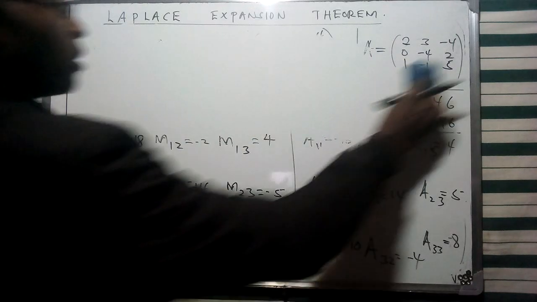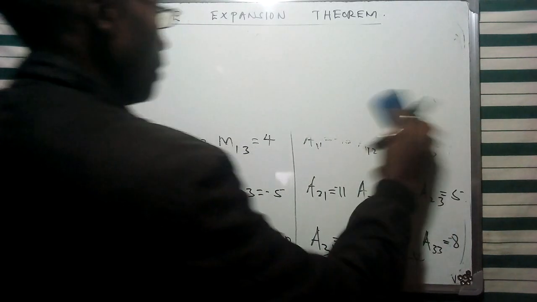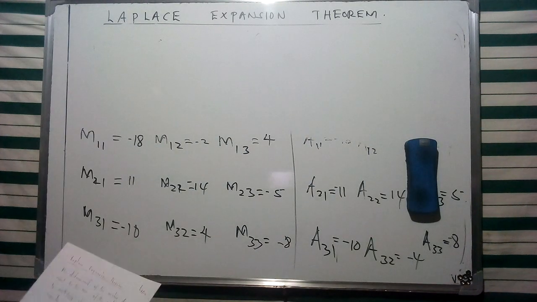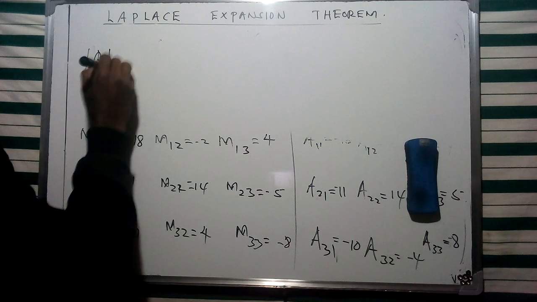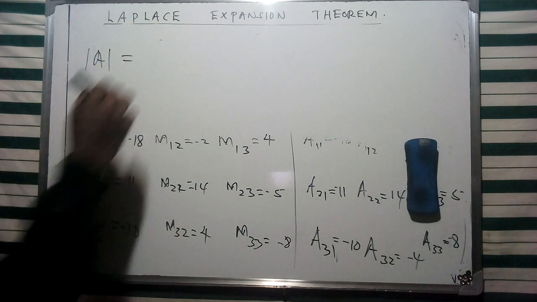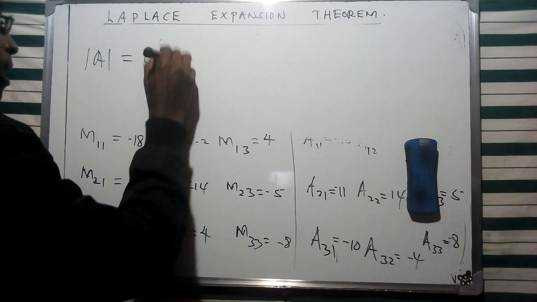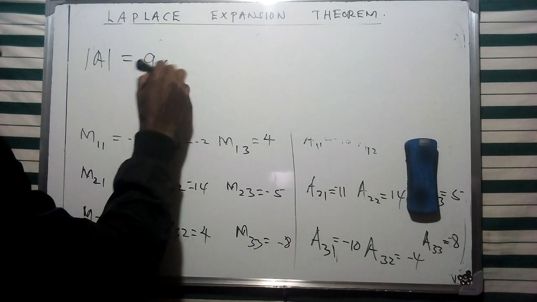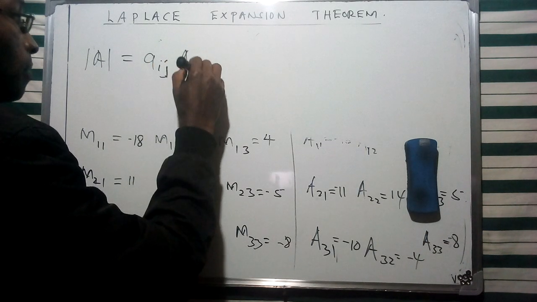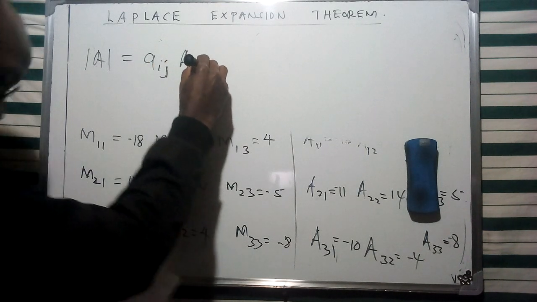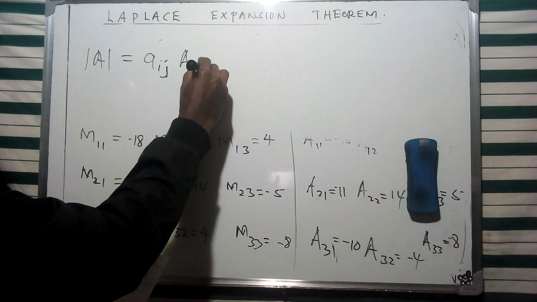So therefore we're going to give a general description of this particular theorem, which is the Laplace expansion theorem. The determinant of a matrix can be obtained by multiplying the respective elements of the matrix with the respective elements of their cofactors in that specific order.